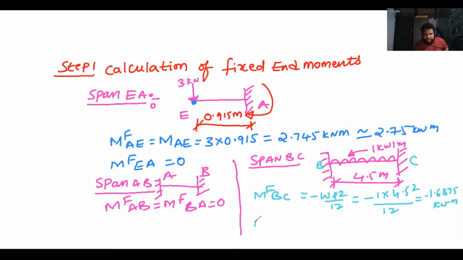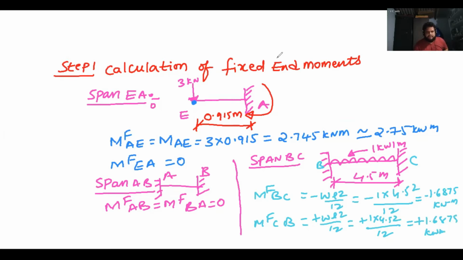Similarly, MFCB equals plus WL square by 12, that is plus 1 into 4.5 square by 12, which equals plus 1.6875 kilonewton meter. So this is about span BC.